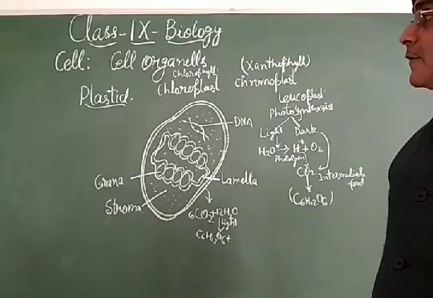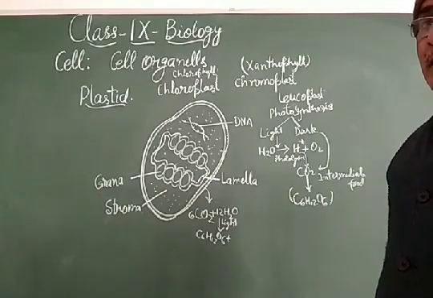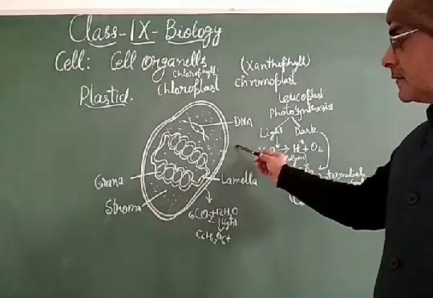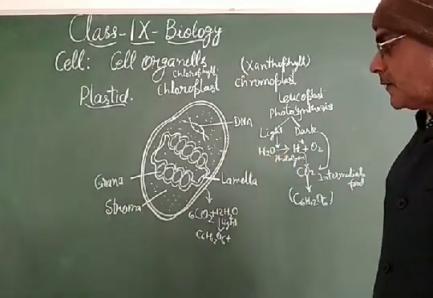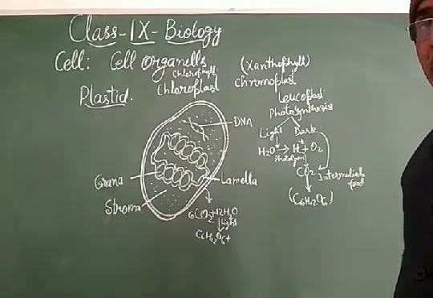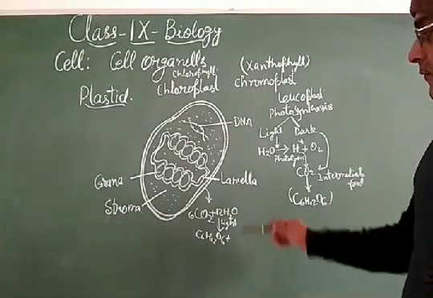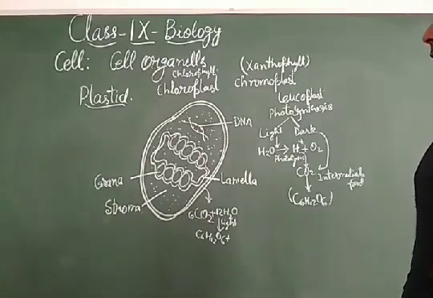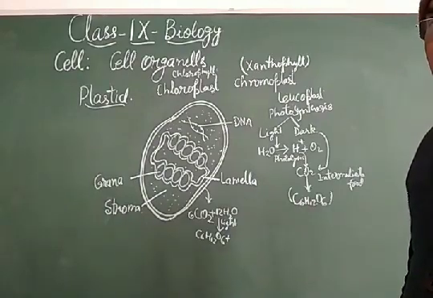So these are the double membranous structures. Similarly, my dear students, this is a part of this cell organelle that performs the function of anabolism. Photosynthesis is the process of anabolic activity, while respiration that is performed by the mitochondria is catabolic activity.